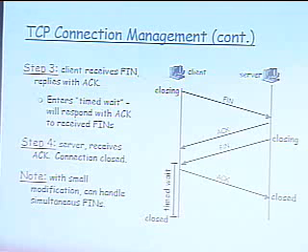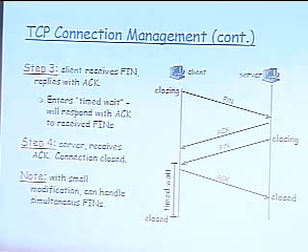Between the three-way handshake and the FIN packet being sent, data transfer occurs, and we saw how data transfer occurs with the ACK, the data segments, the ACK values, and the sequence numbers.